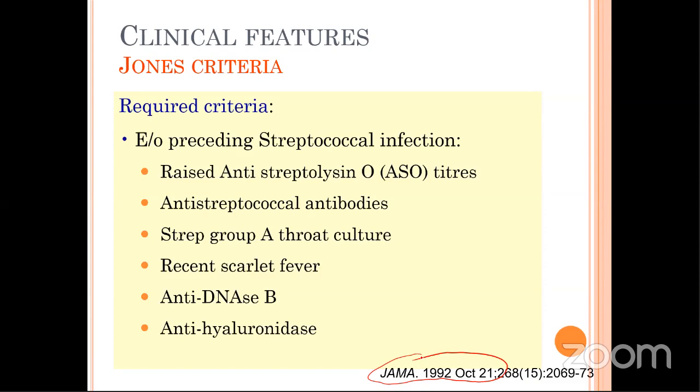So what are the required criteria? The required criteria is evidence of preceding streptococcal infection. Now, how do you know that there has been a preceding streptococcal infection? You have to have a raised anti-streptolysin O titer, or anti-streptococcal antibodies present in the blood, or a positive throat culture for streptococcus, a recent history of scarlet fever, or either of two antibodies, anti-DNase B or anti-hyaluronidase.